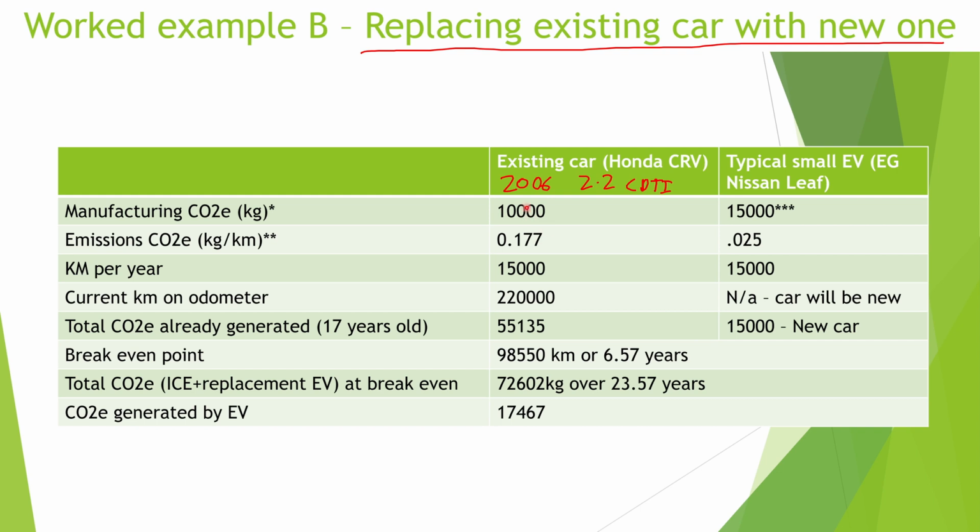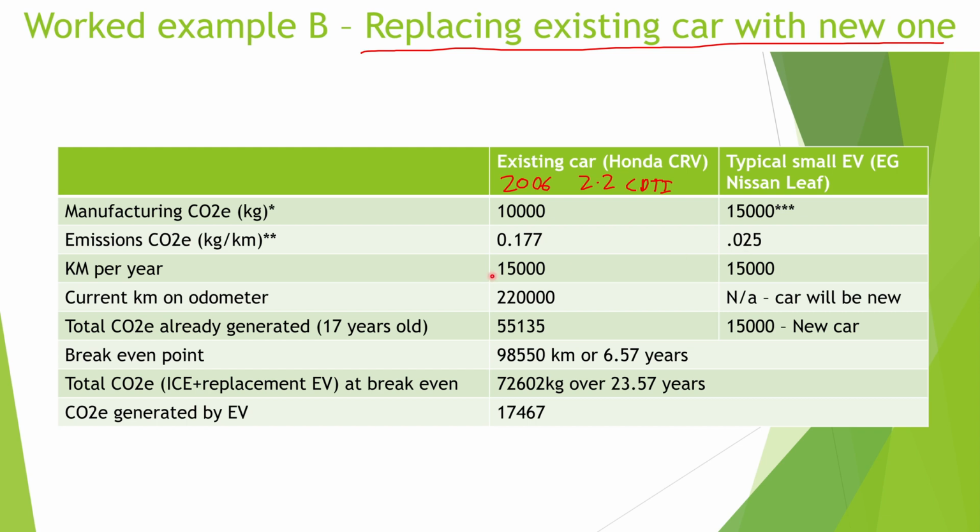This probably isn't true. It's a bigger car than a Nissan Micra, so maybe it has 12 tons, but let's keep the math simple and use 10 tons. The CO2 equivalent per kilometre I get from the actual manual, and it's 0.177, so not great. And we're again using the same Nissan Leaf we used before with the UK energy mix of 0.025 kilograms per kilometre.